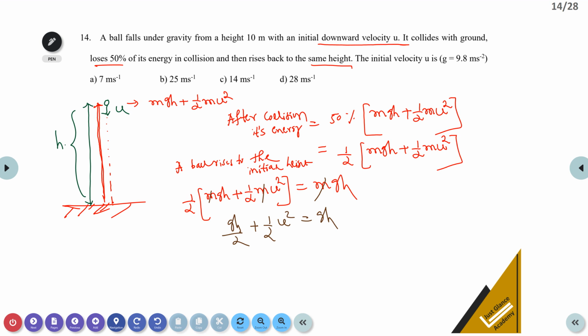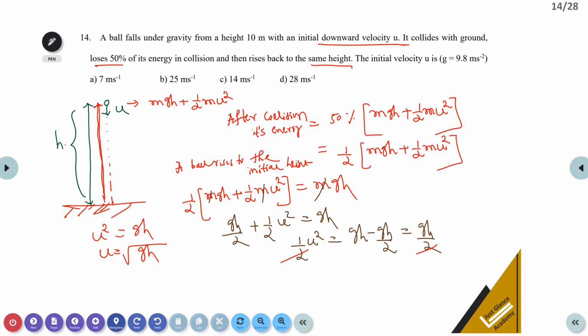I will remodify it: 1/2 u square equal to gh minus gh by 2, equal to gh divided by 2. This 2 cancels. What you will get? u square equal to gh, or u equal to square root of gh.